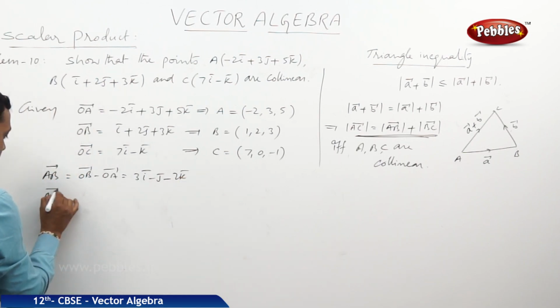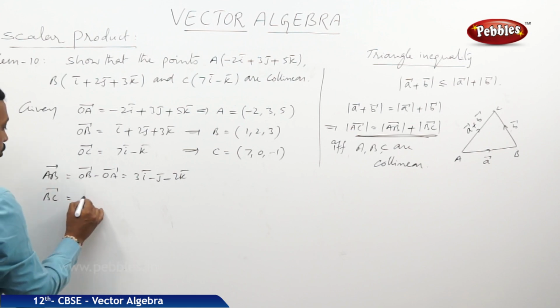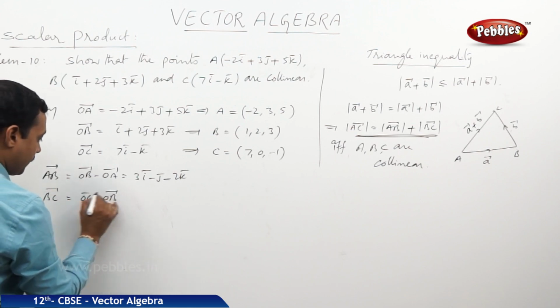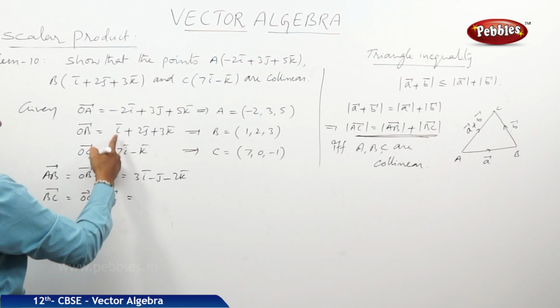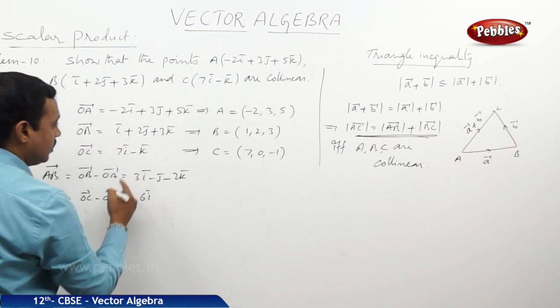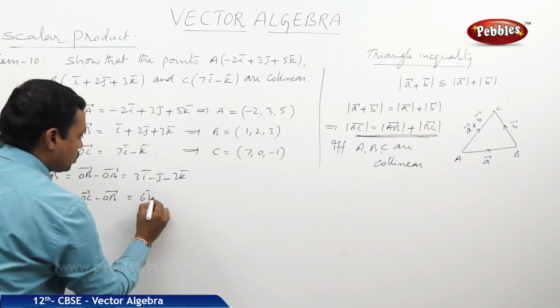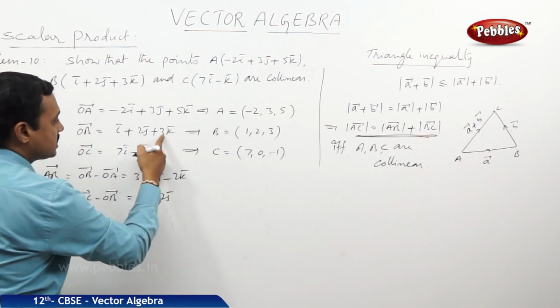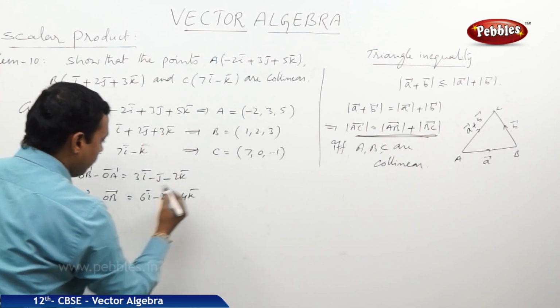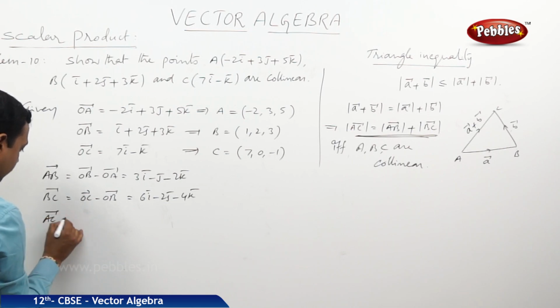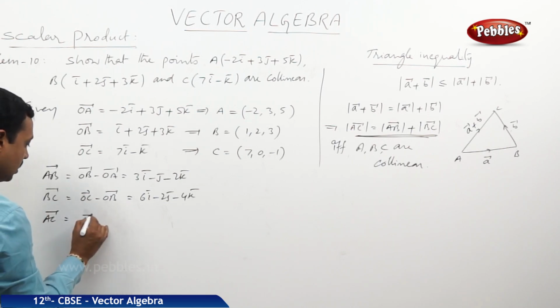Next, BC vector is equal to OC minus OB: 7i minus i, 6i; minus 2j; minus k minus 3k, minus 4k. And AC vector is equal to OC minus OA.